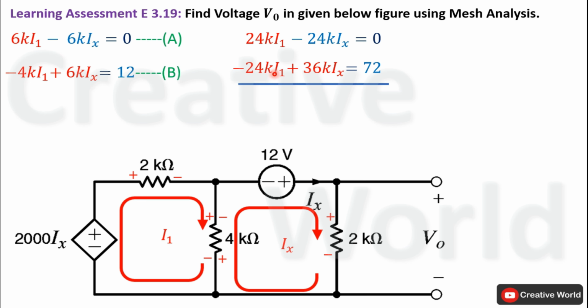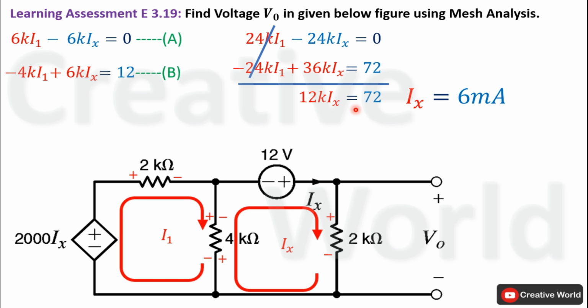Minus 24k I1 and plus 24k I1 will cancel out with each other. 36k Ix minus 24k Ix will become 12k Ix. And on the other hand side of equal, only 72 will be left. Now in order to calculate the value of current Ix, divide on both sides with 12k. The value of current Ix will become 6 milliampere.